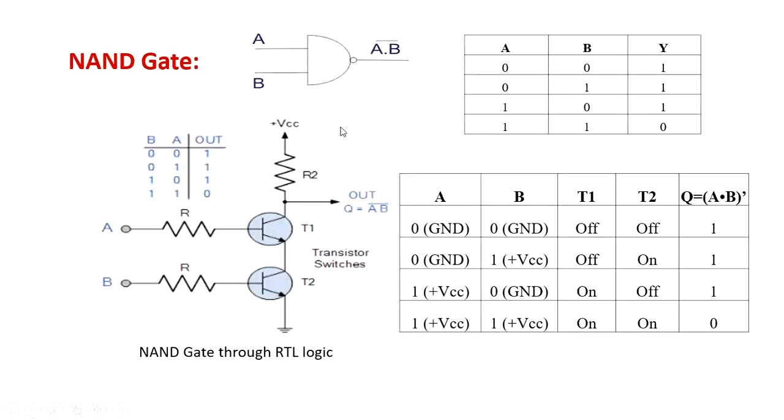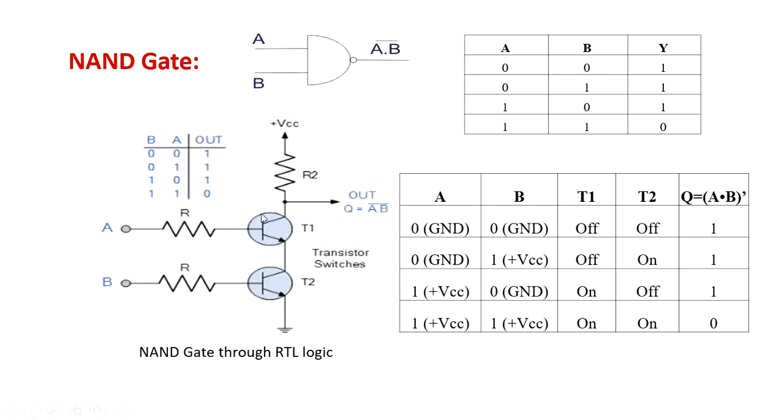Now coming to the NAND gate. The NAND gate is AND followed by NOT. You can see this circuit. It will give low only when both the transistors are on. Both these transistors are on, then this output will be equal to 0. When both inputs A and B are high, both the transistors will be on and this loop will be complete, so out will be equal to 0.